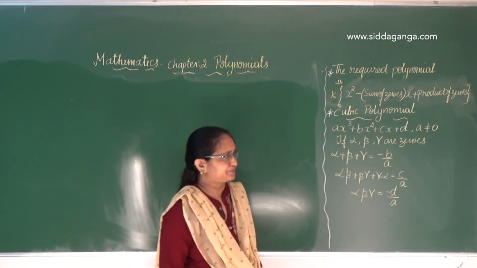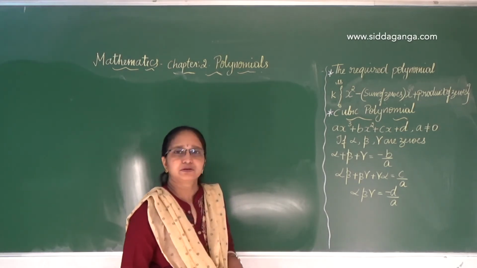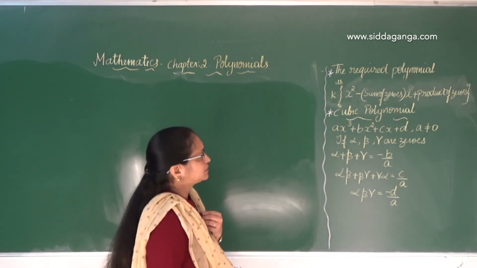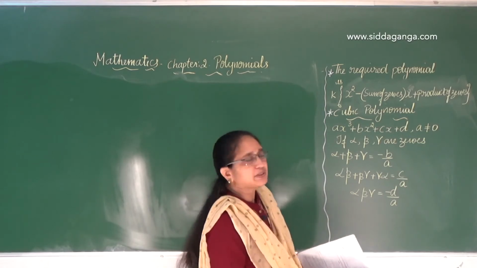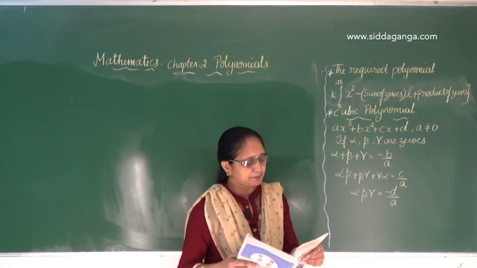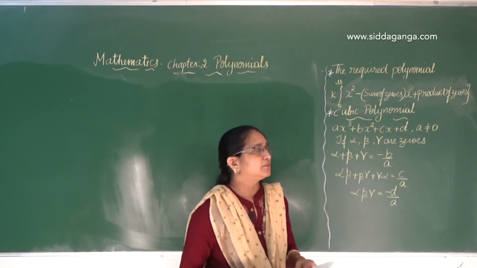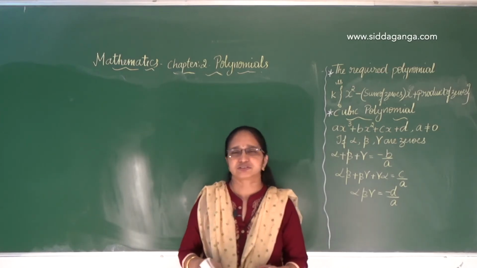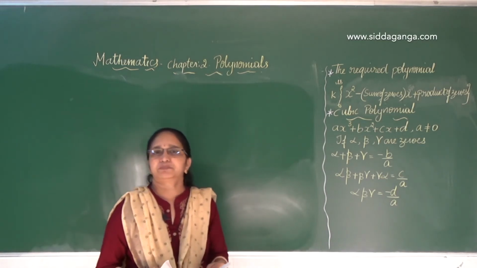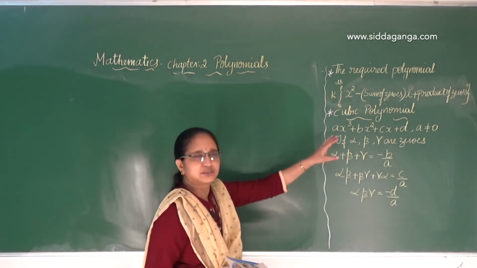Actually, in exercise 2.2, they have not given any questions related to cubic polynomial, but they have given one example in your textbook, that is example 5. Example 5 is not given from the examination point of view, but for CBSE they have given this same question in the previous board exam. So, I thought I will do this sum.